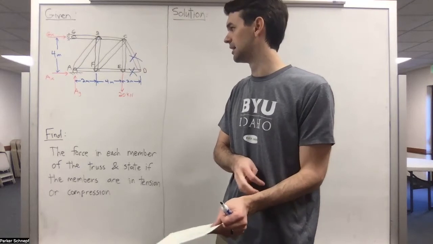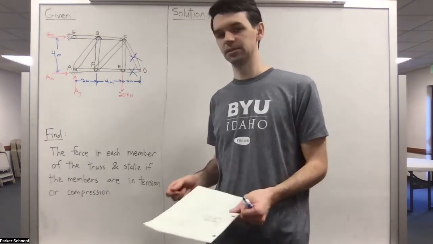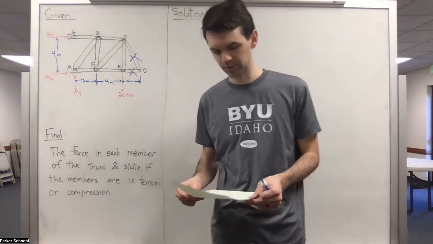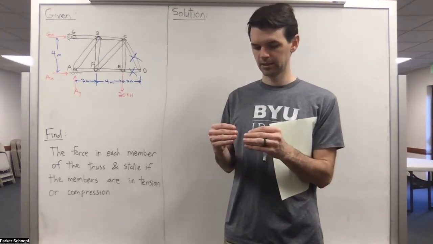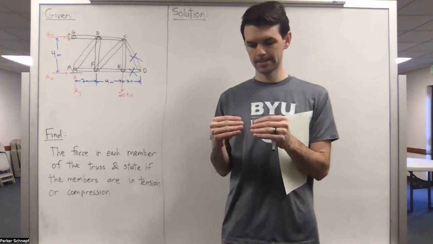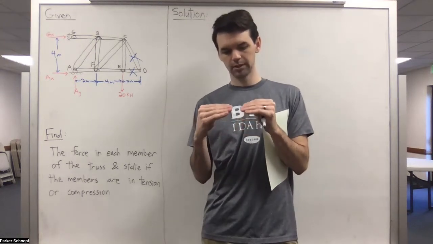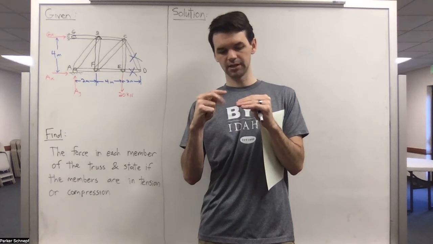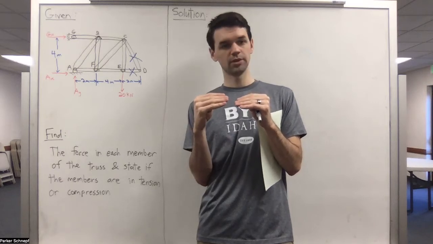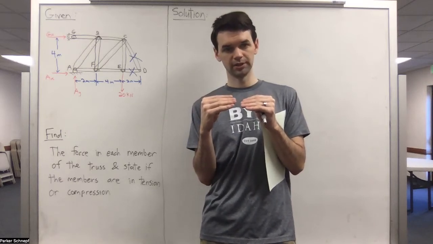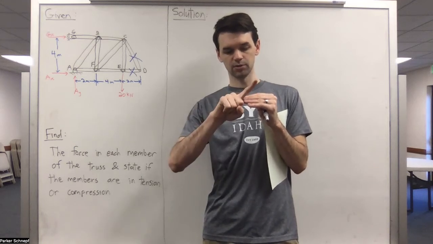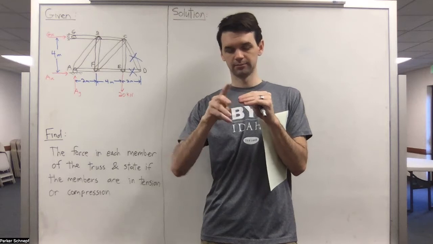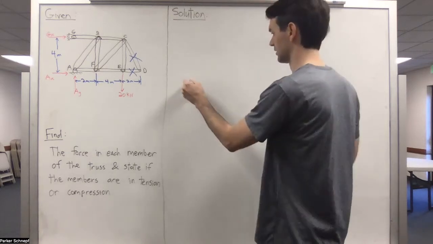The other condition for there being zero force members is if you have a joint where there are three members, and two of them are collinear and the other one is not collinear. So say you had something kind of like this.